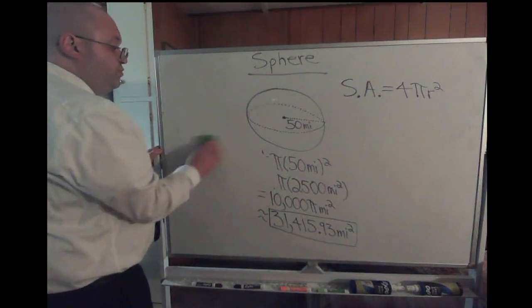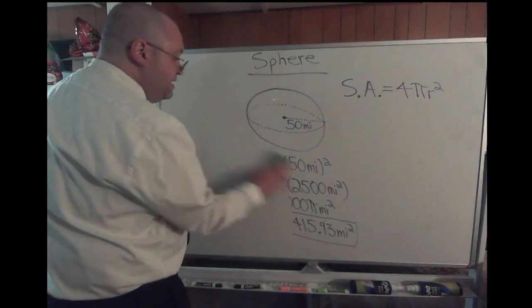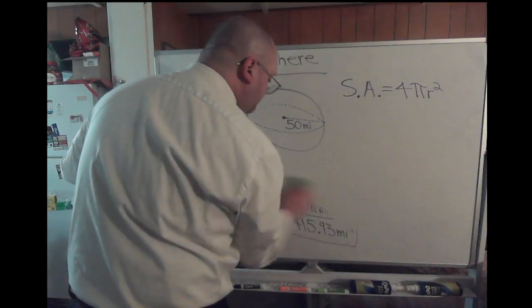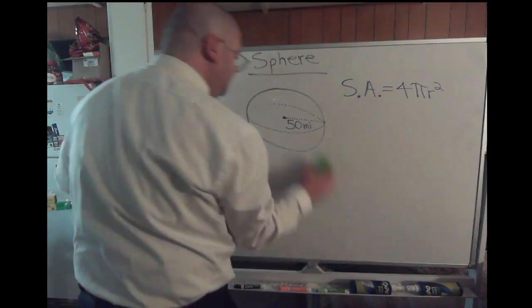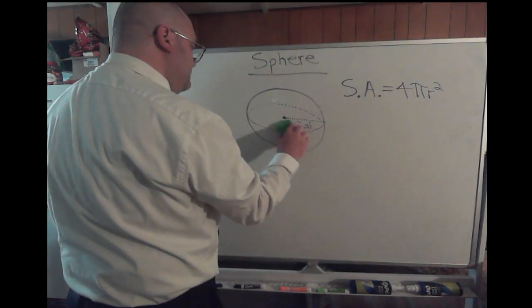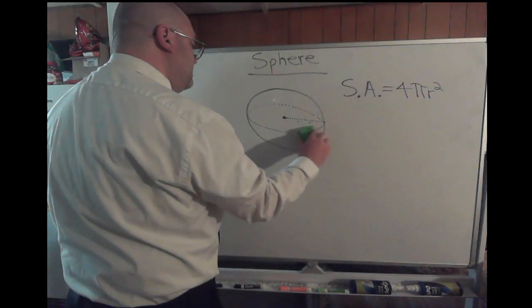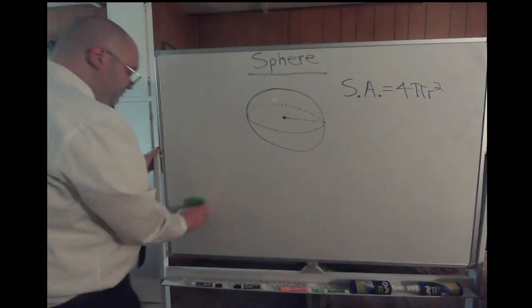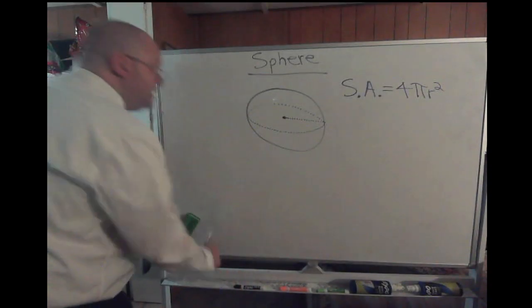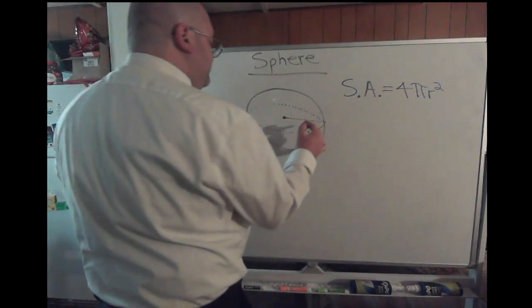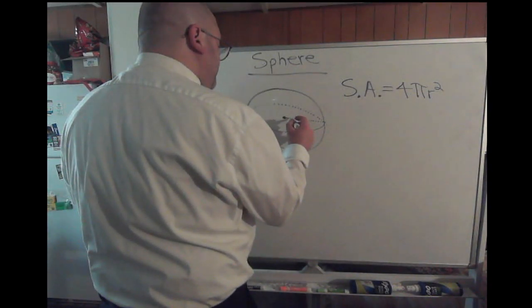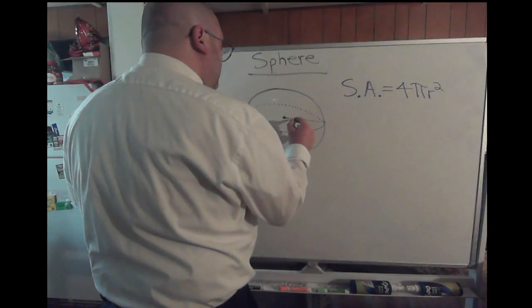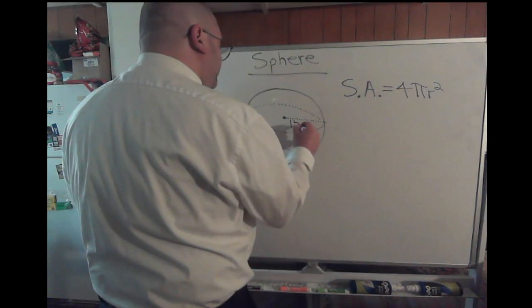And I will do 2 more examples still. Let's say the radius of this sphere is 15 feet.